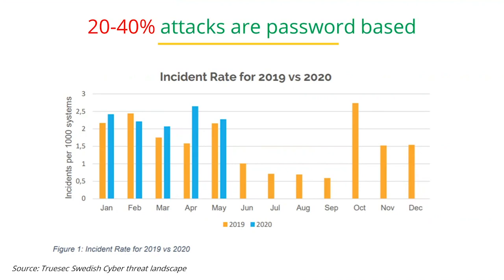And the increase in cyber attacks between 2019 and 2020, I have data only till May 2020, but yet the increase in cybersecurity attacks in 2020 in Sweden specifically, based on the Swedish cyber threat landscape, I will pass on the details to you once we wrap up the session as well, is a whopping 63% increase in cybersecurity attacks, all right? And nearly 20 to 40% of these attacks are password-related.